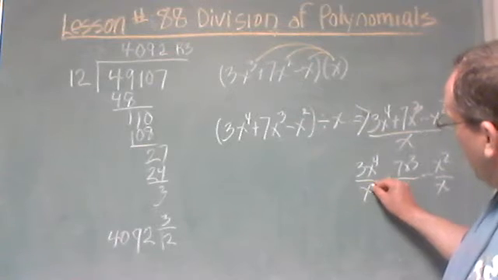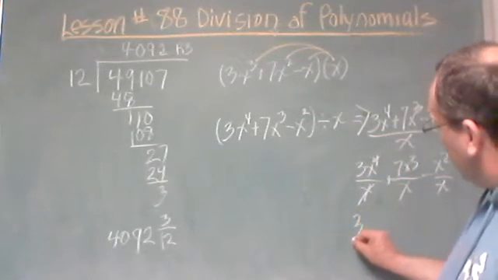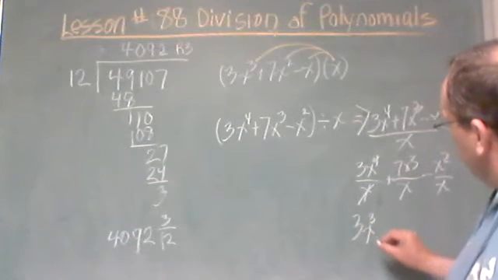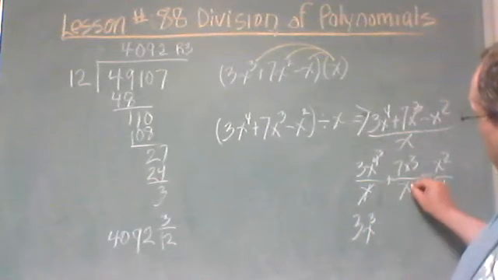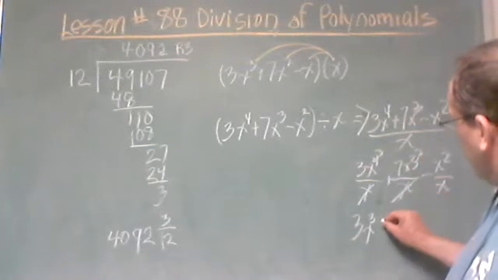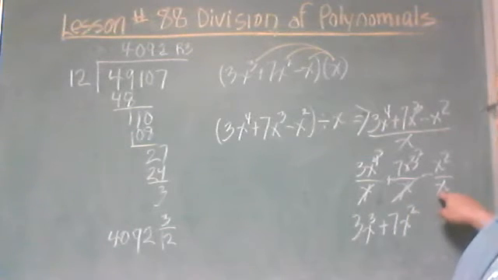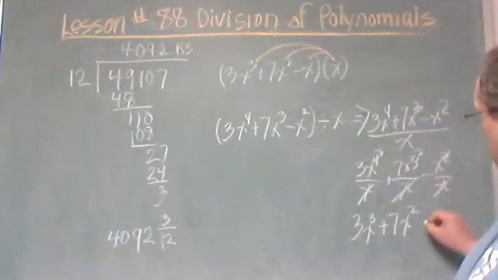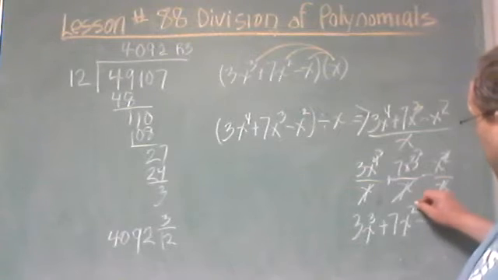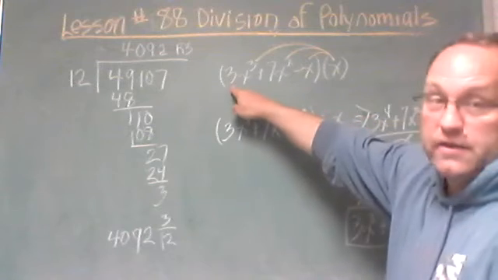One x cancels with an x here to get 3x to the 3rd. Then x cancels with this x to the 3rd to give me an x to the 2nd, so I get a plus 7x to the 2nd. And again, an x cancels to give me a minus x. I notice when I do that, I get the original expression up here.